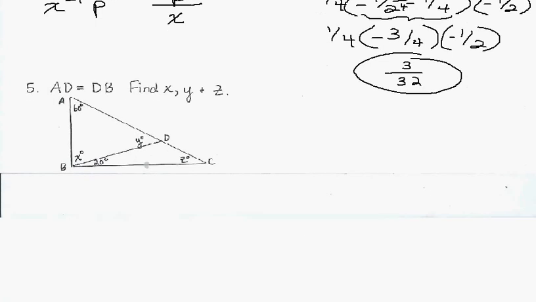And finally, our geometry problem. AD equals DB. So that means AD is this one, is equal to BD. That means the angles opposite the congruent sides are congruent. So if the one opposite this one is 60, that means that this one is also 60.